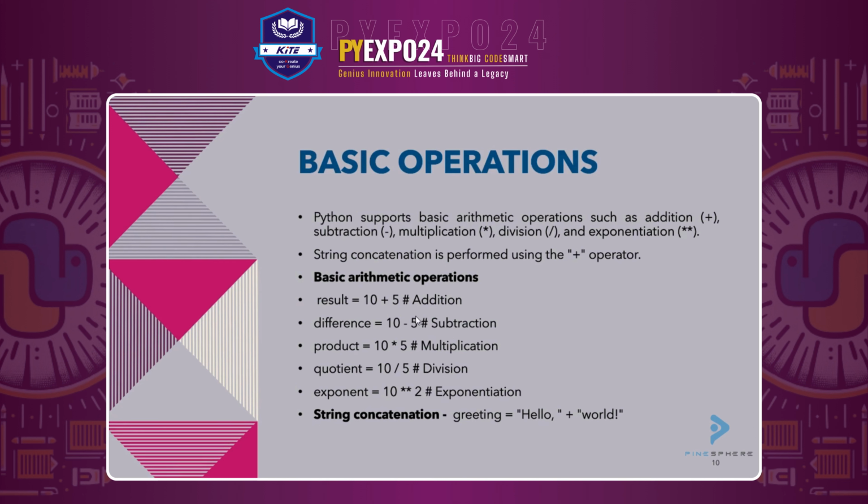First one is 10 plus 5, which performs addition. Next is subtraction, multiplication and division, and exponentiation. See, exponentiation, what it does, it raises the first number to the power of the second, that is 10 power 2.